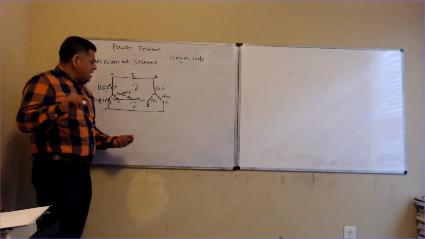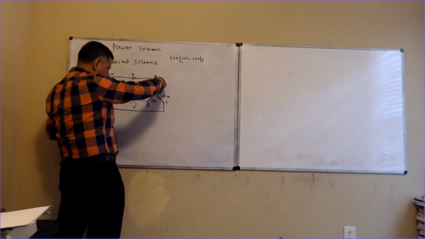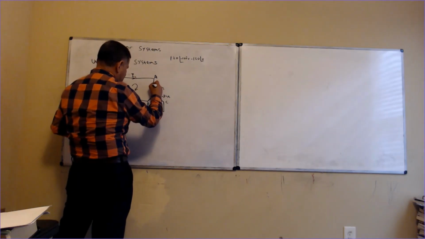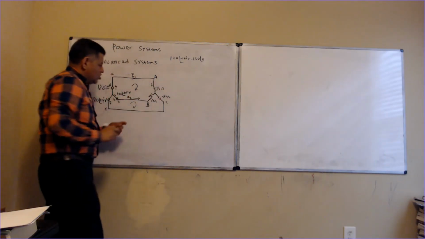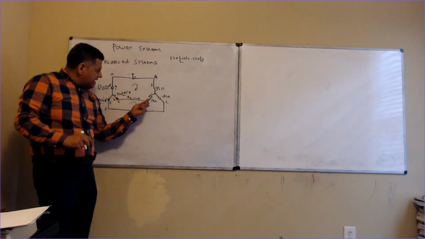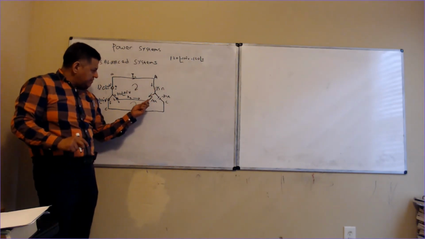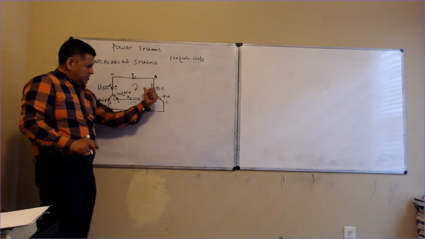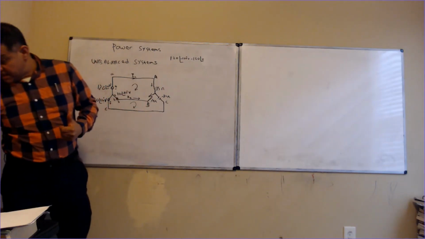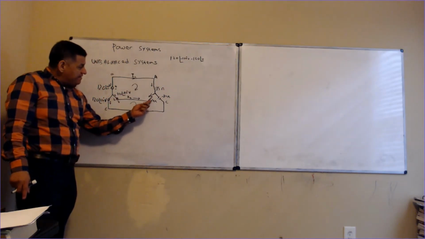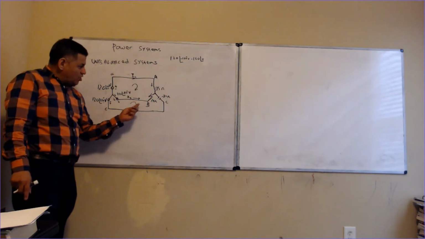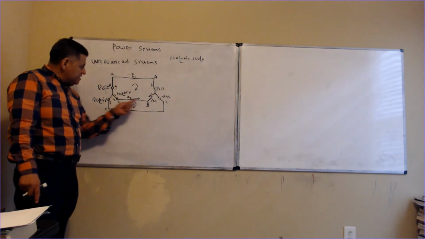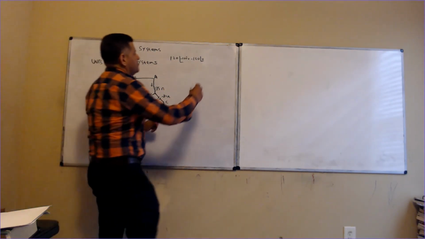At the same time, assuming this current goes like this, I get to 5 plus j10, and this is the one going in this direction. So IA is coming in this direction, but at the same time I have this resistor.